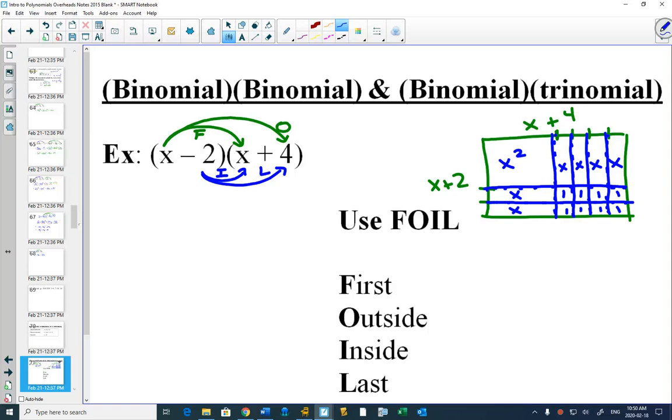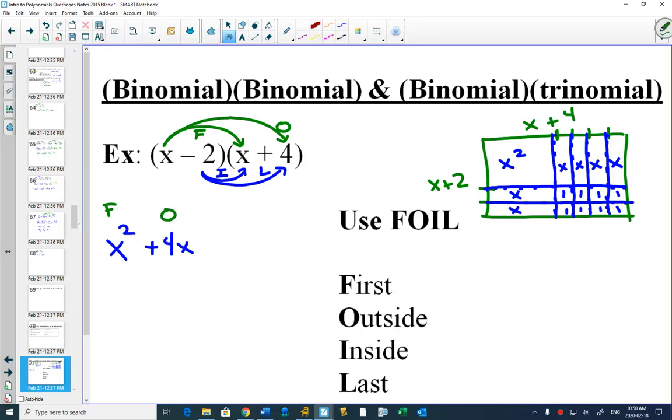According to FOIL, if I multiply the first ones together, first times first, I would get x squared. I'm going to put an F over top of that one to represent that that was multiplying my first ones. What happens if I multiply the outside ones? What's x times 4? That would give me plus 4x.